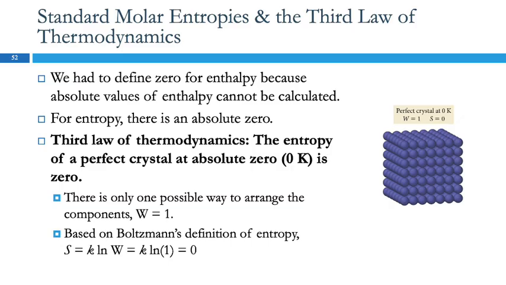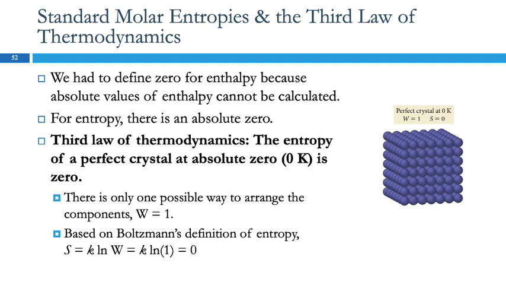So this leads to the third law of thermodynamics. The entropy of a perfect crystal at absolute 0 is 0. So that would be a perfect crystal, nothing out of place, no contaminants in there. And at 0 Kelvin, all motion stops.